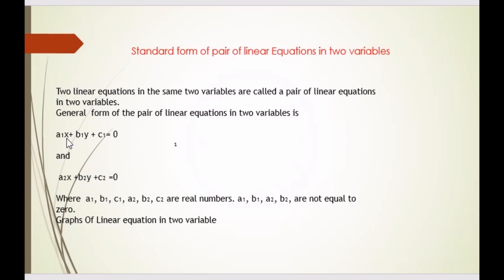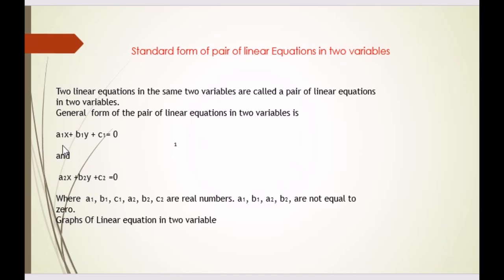Students, I think you remember in class 9 when we had done linear equations in two variables, we have done that there can be infinite values of the variables which will satisfy the equations. But now when we talk about the solution, it means we want those values of x and y which will satisfy both the equations simultaneously.